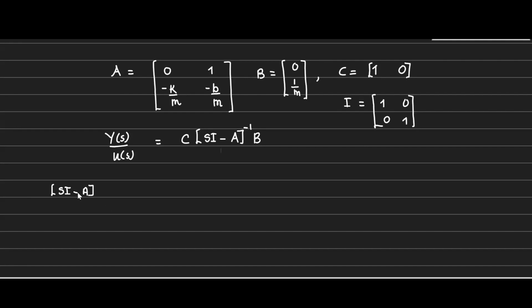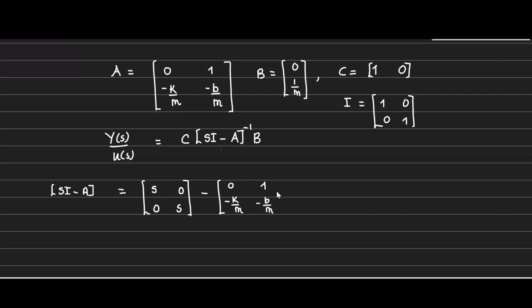Multiplying this identity matrix by S, we get S, 0, 0, S, minus matrix A, which is 0, 1, negative K over M, and negative B over M.